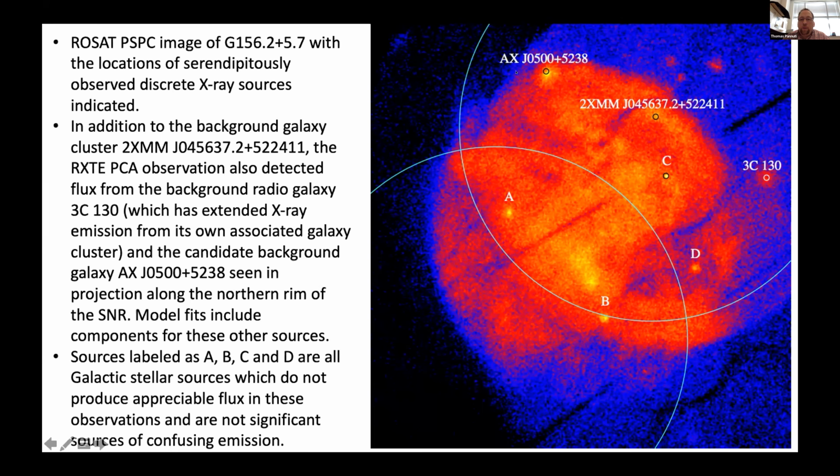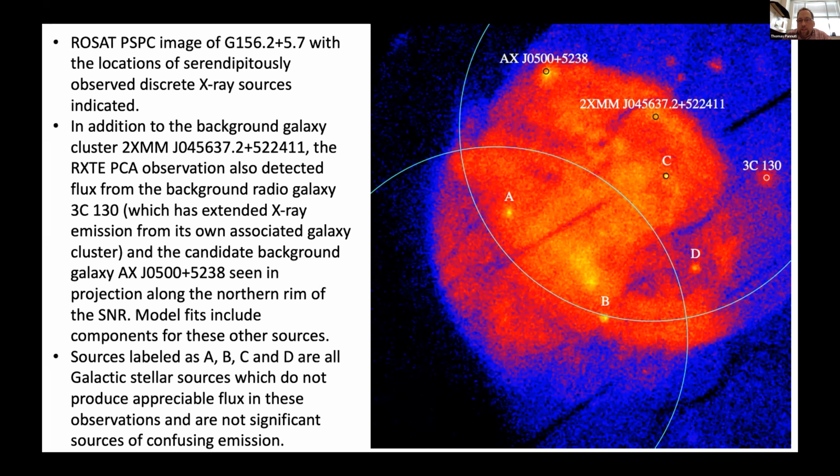You would also have up on the north rim over here, AXJ0500, another hard X-ray source, which is actually known in the ROSAT and ASCA observations of this remnant, which was once believed to maybe be the pulsar, a neutron star associated with this remnant here.